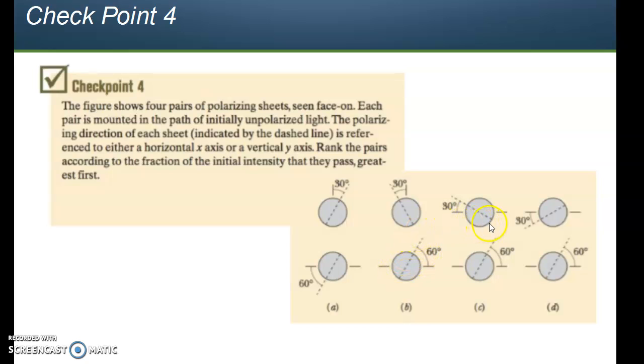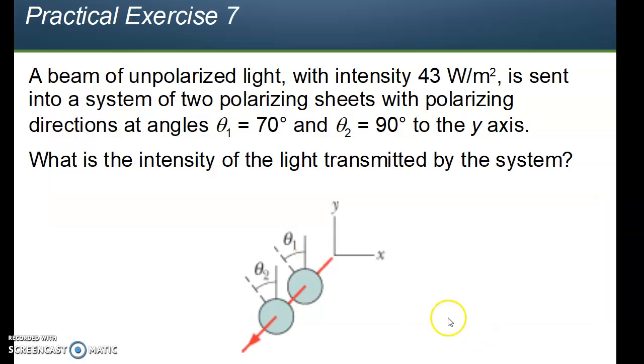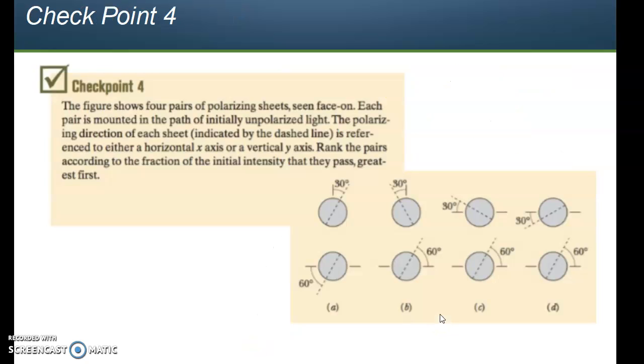Here it is 30 degrees with respect to this axis, and also 60 degrees to that same axis. Then you have these two right here, where it's 30 degrees here and 60 degrees there.